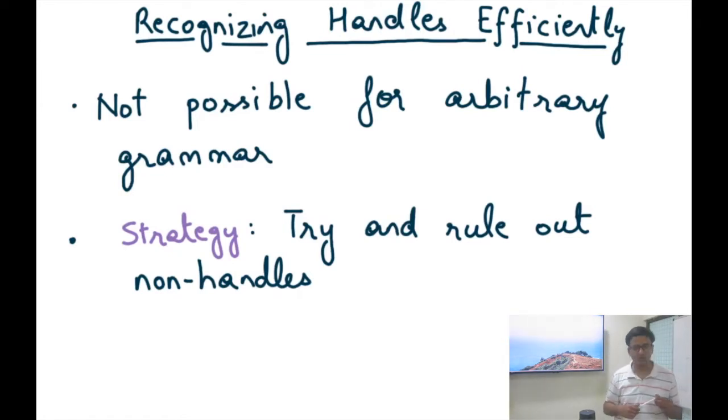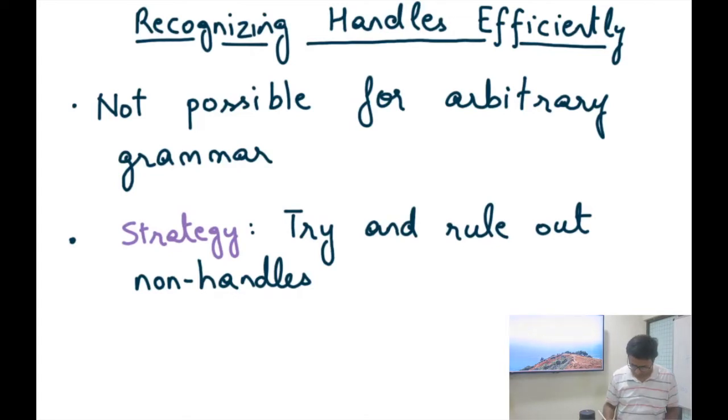So that's the idea. We're just going to try and rule things out. So sometimes we'll be able to say that this is definitely not a handle, and sometimes we'll not be able to say anything. We don't know whether something is a handle or not. In which case, we have to do whatever we can in the best case scenario. So we're going to see some algorithms and grammars where this strategy may or may not work.